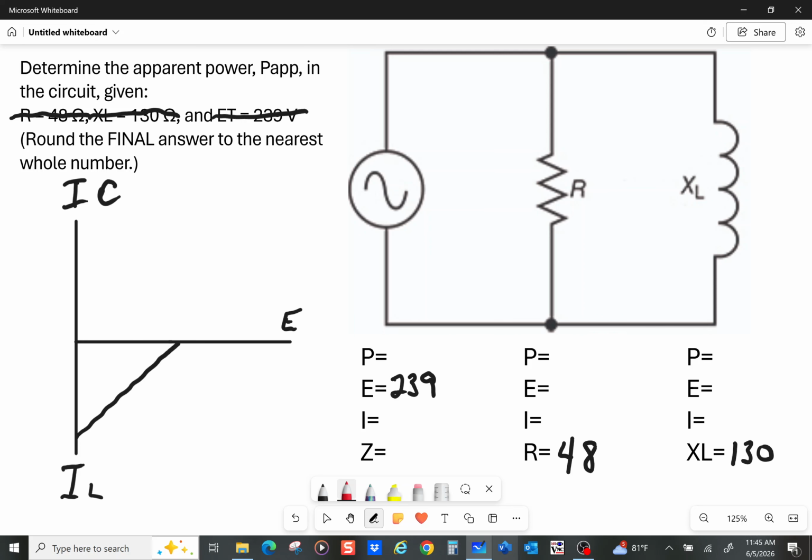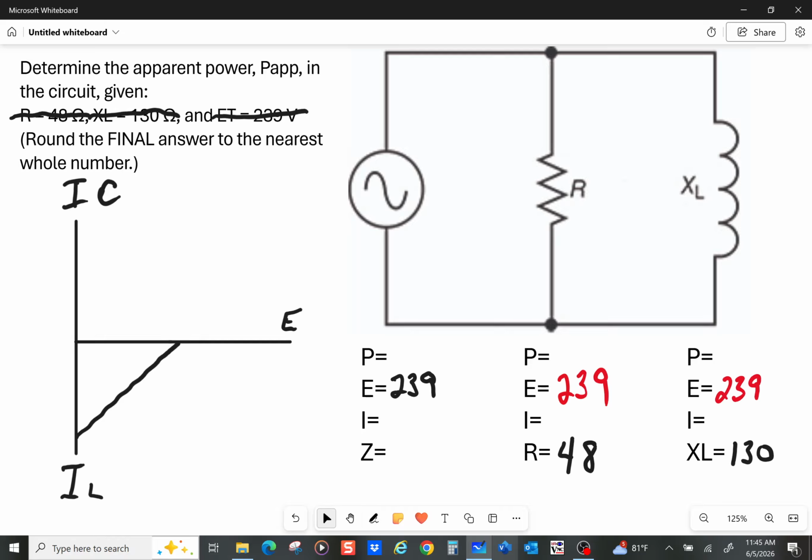But what we do have is source voltage. You have to use your current triangle in order to solve for parallel circuits. So in order for me to find current, I don't have two values in one location, but I have 239 volts, because it's parallel and we know that voltage is the same.